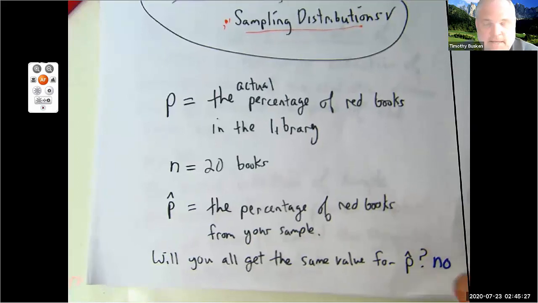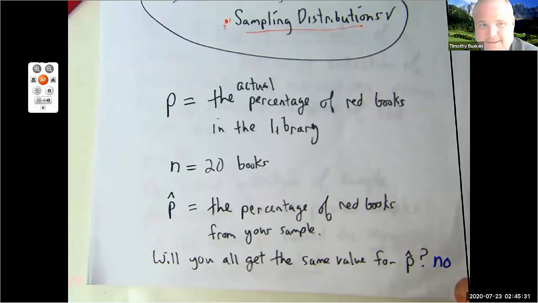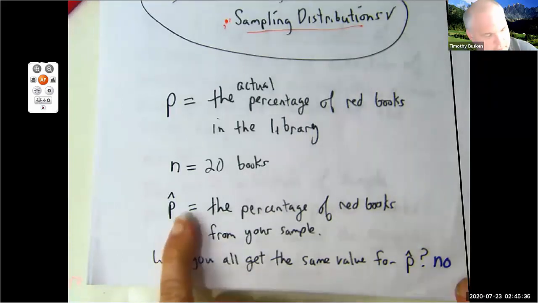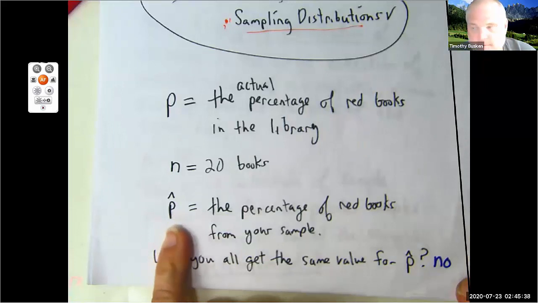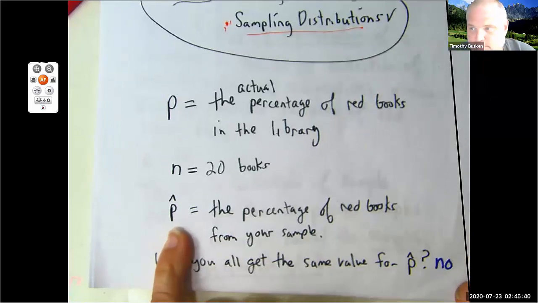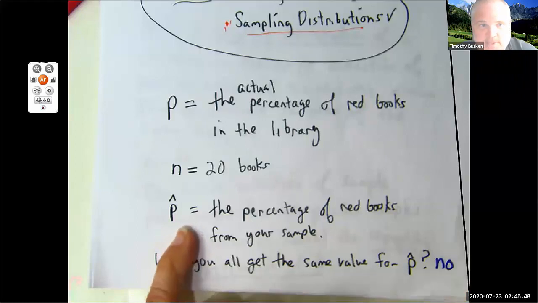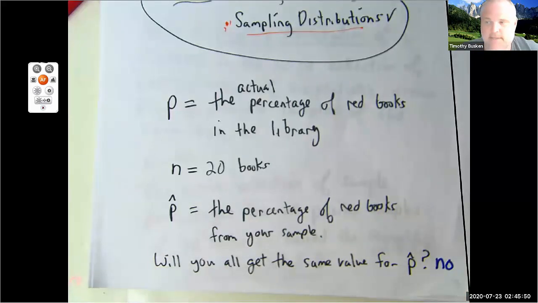I mean, if it's slightly orange, is that considered red? So definitely your P hats will all be different. One reason may be just because you all define what a read book is differently. Some people are going to include orange books that may look red to them, etc.